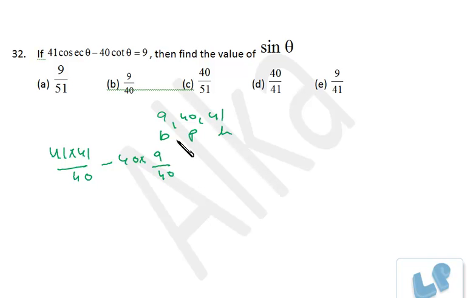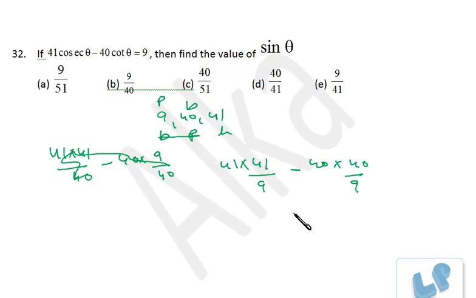So now let's take the other case. This is base, this is perpendicular, right? So cosec theta is hypotenuse by perpendicular, so that's 41 by 9. Cot theta is what? Base by perpendicular, so base is 40, so that's 40 by 9.